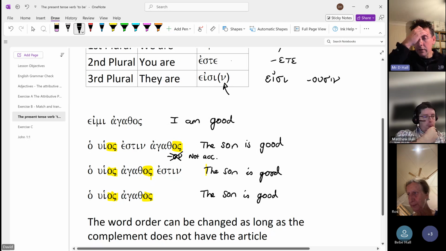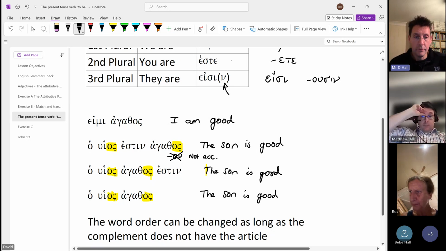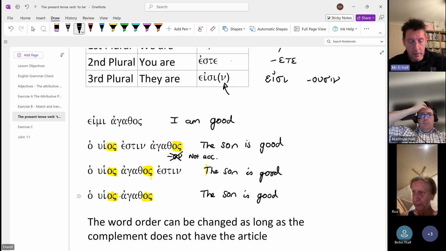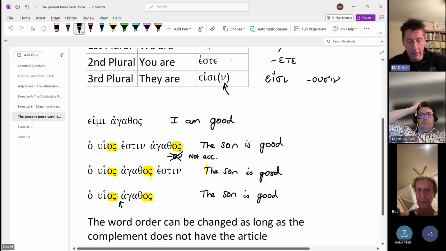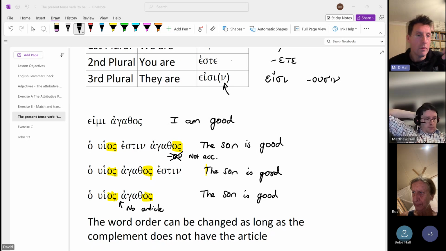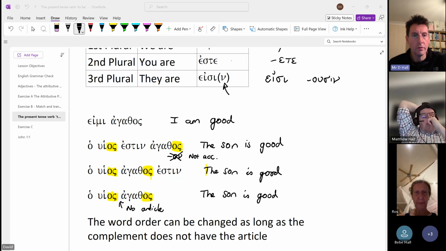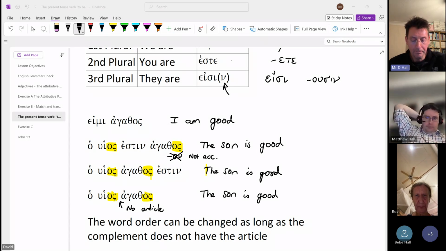Now, the difference between that and the attributive position is the missing article. All right, there is no article here. So I mentioned earlier that the article was a bit of a marker to tell you that it wasn't in the attributive position, or it was describing as a standard sort of adjective.